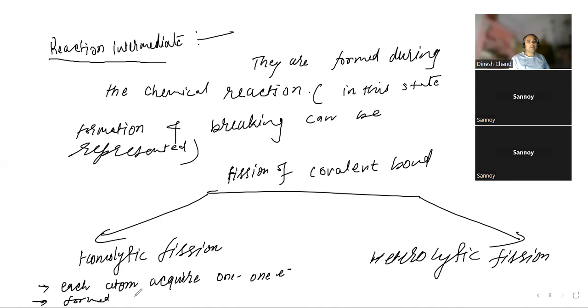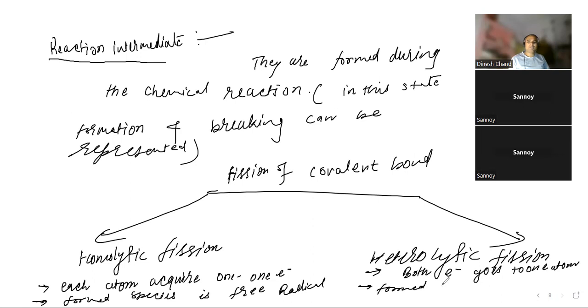Heterolytic fission: both electrons go to one atom, so that becomes hetero. The formed species are carbocation and carbanion.